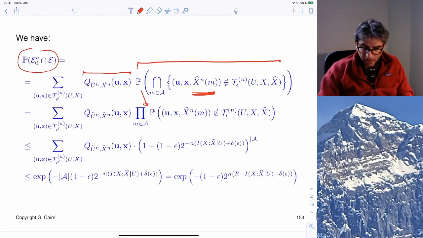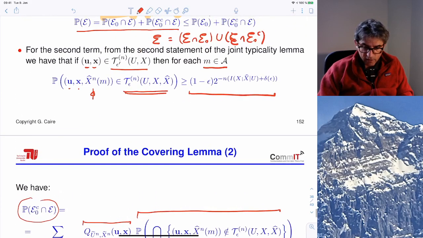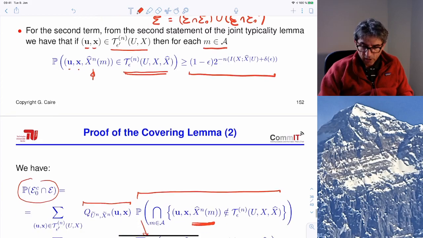Each one of those has this bound here: the probability of U, X, and X tilde being jointly typical is greater than 1 minus epsilon times this exponential.